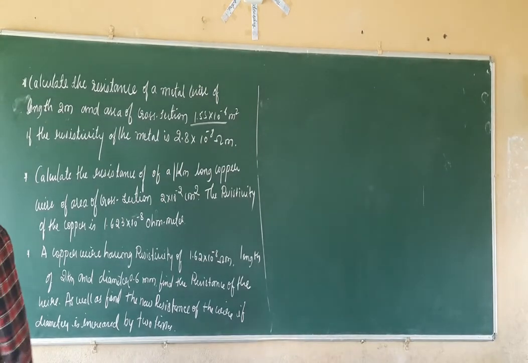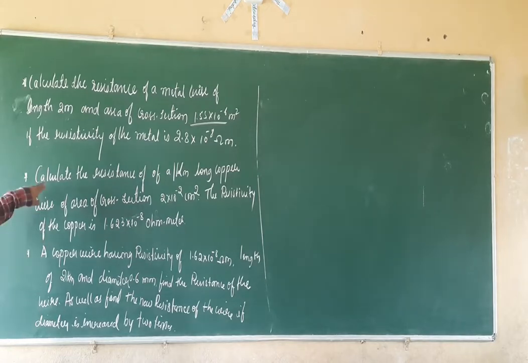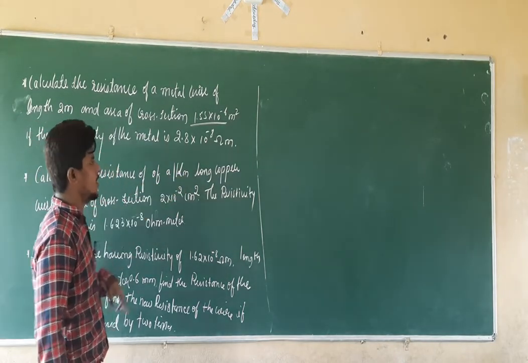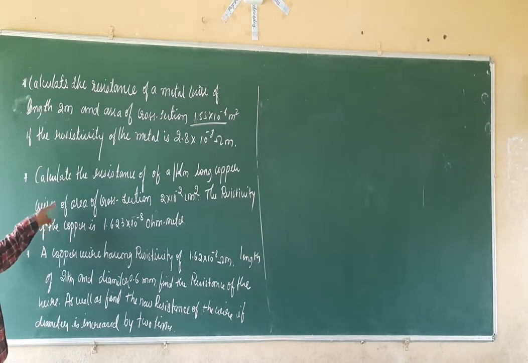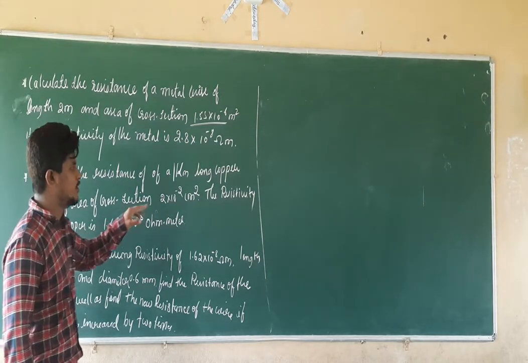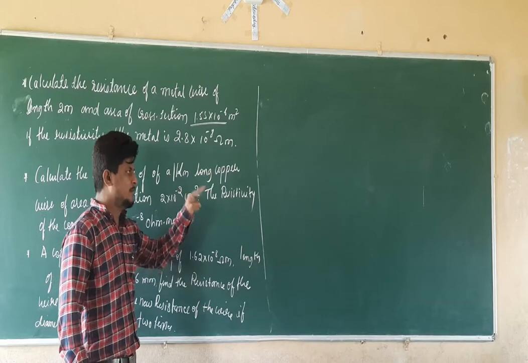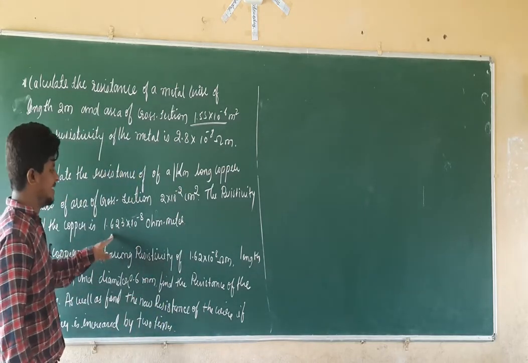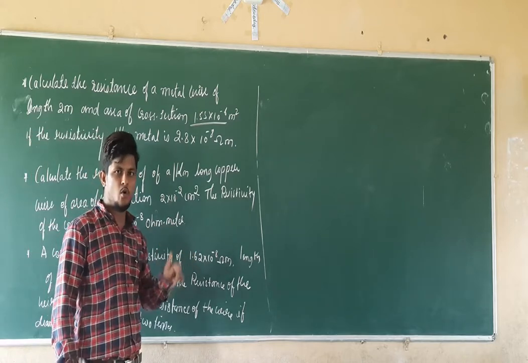Now let us take the second problem here. Calculate the resistance of 1 kilometer long copper wire of area of cross section 2 into 10 raised to minus 2 centimeter square. The resistivity of the copper is 1.623 into 10 raised to minus 8 ohm meters.